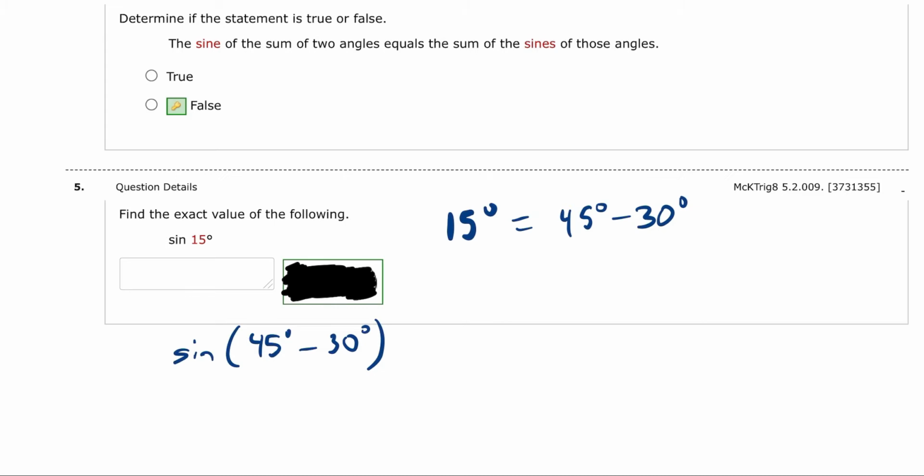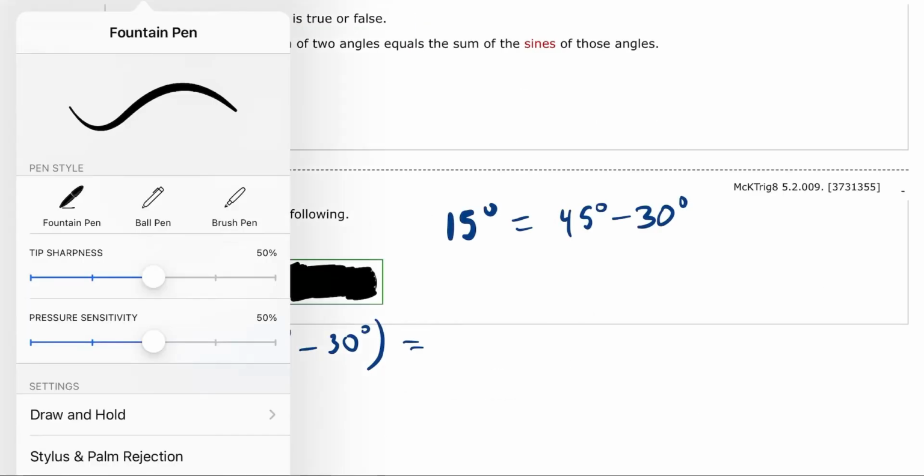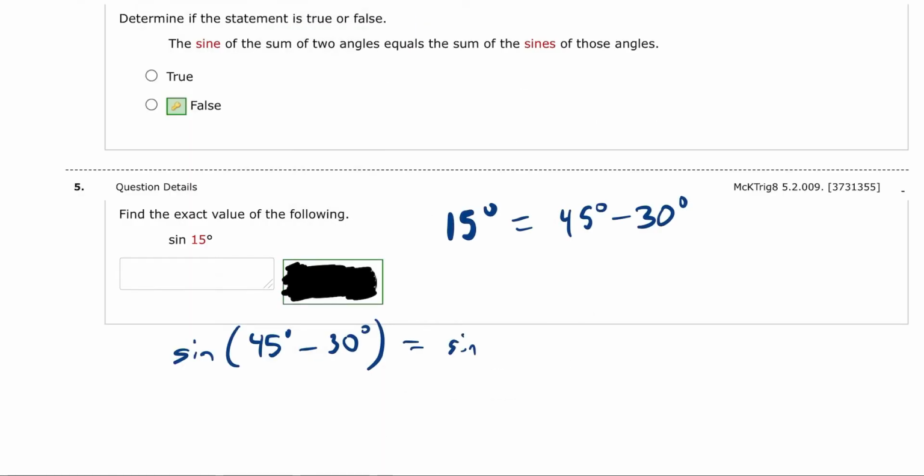All right, and if you remember, sine minus would be this one, which means we do minus, so sine, cosine, minus, cosine, sine. All right, our unit circle tells us that this is radical 2 over 2.